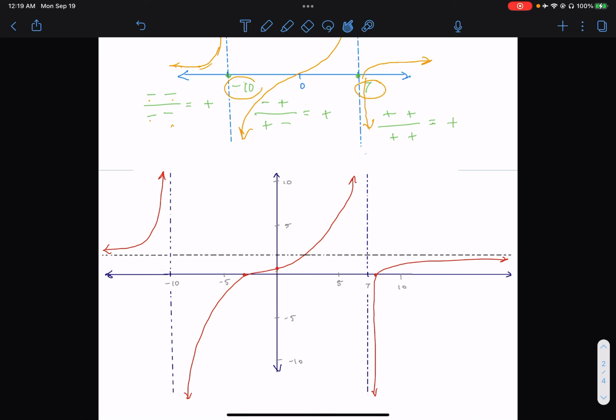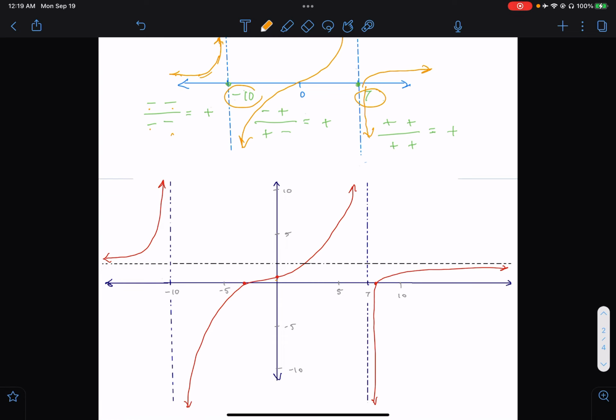You can also see that, looking over here in this area, as my points increase, they'll get closer and closer to -10 without ever touching it.